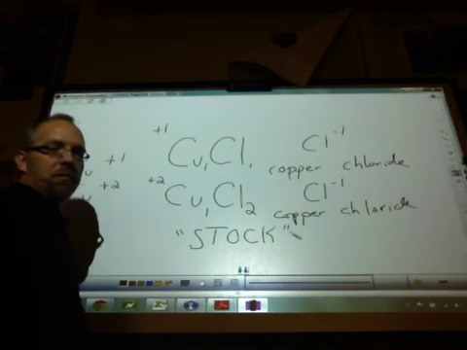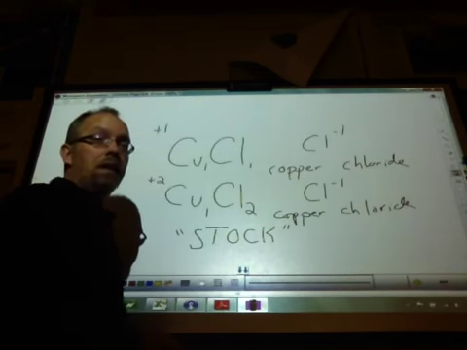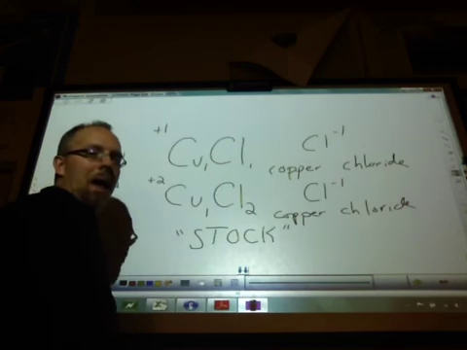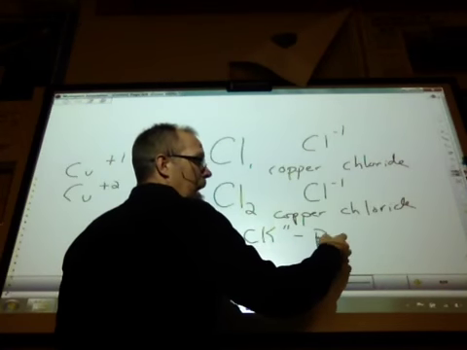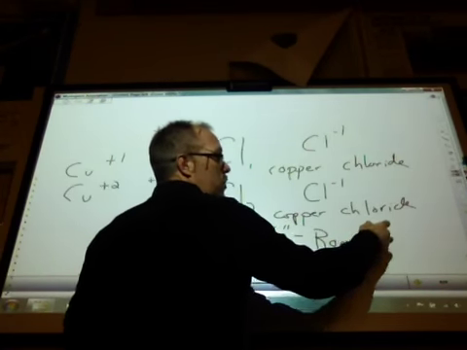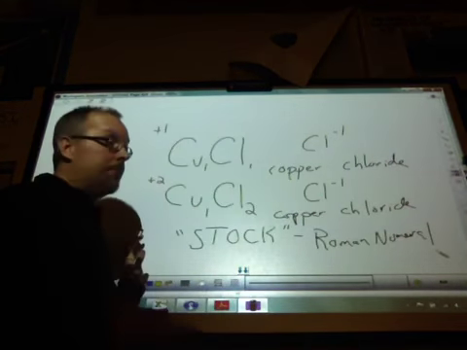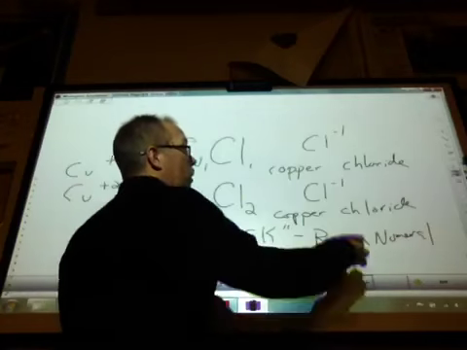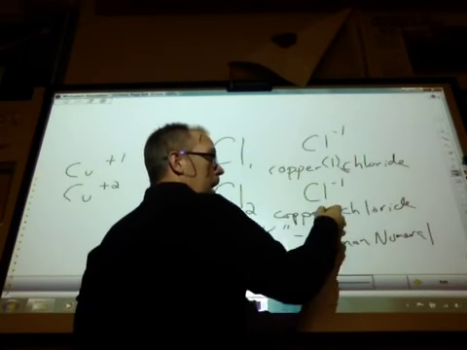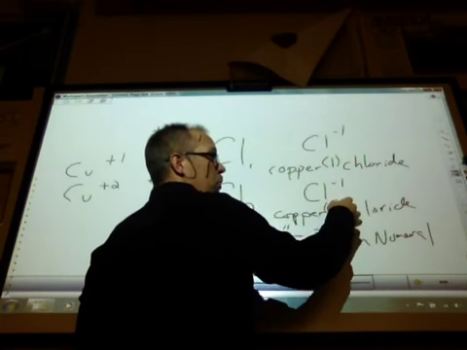And the stock system came around from the IUPAC, the International Union of Chemists, and what it says is they tell you to use a Roman numeral to represent a charge, okay? So I will put a Roman numeral 1 and a Roman numeral 2 here.